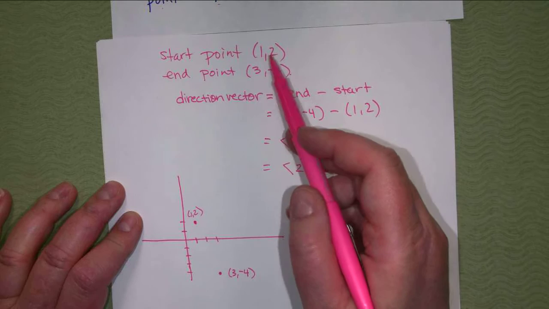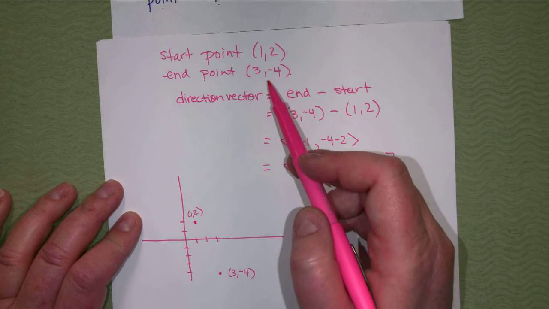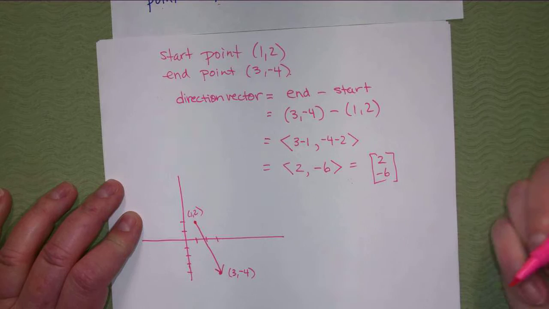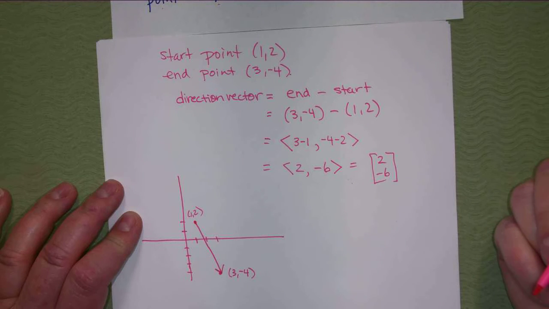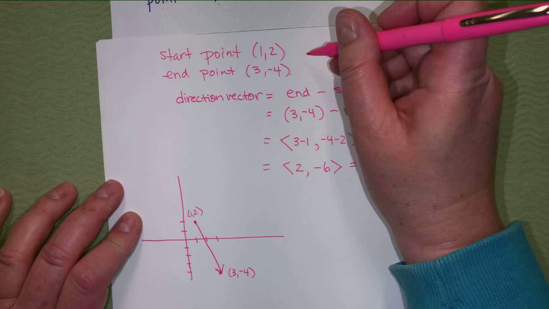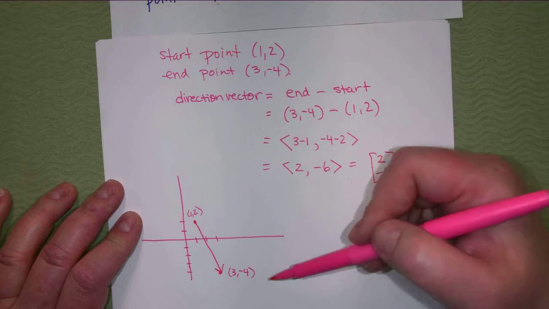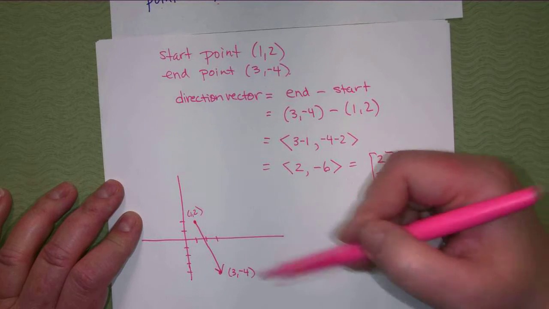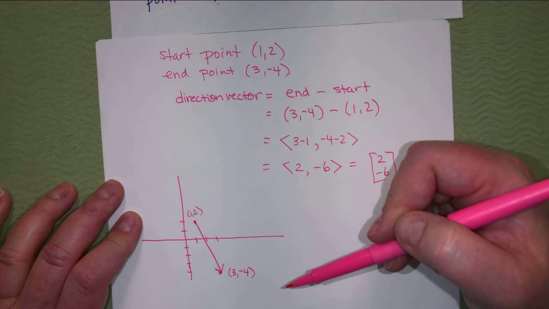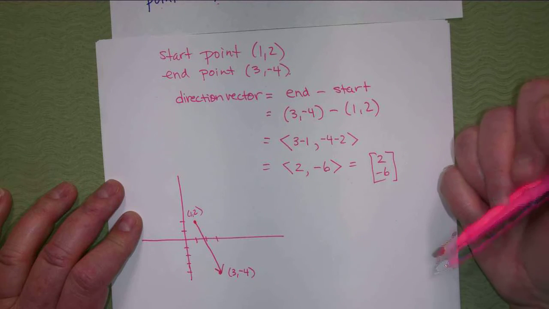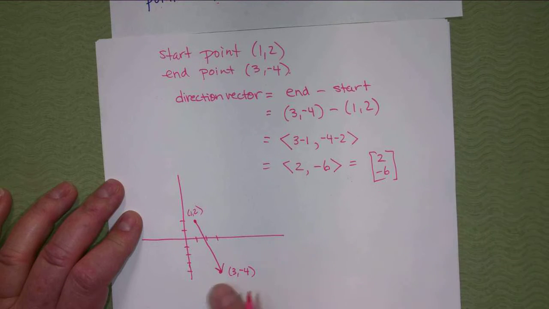So it starts at 1, 2, and it ends, so the arrow, you're starting here and you're ending, so your arrow would point in that direction, that's the end. In the book they might call it a tail, the end point, and the head. I didn't look in the book to see what they call it, but they might call it that, sometimes they do. So it's in this direction.